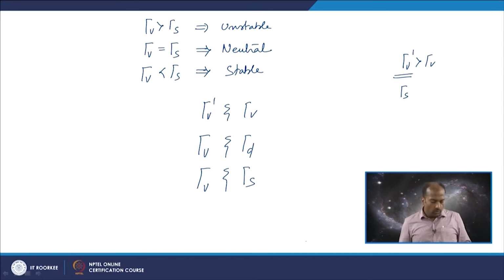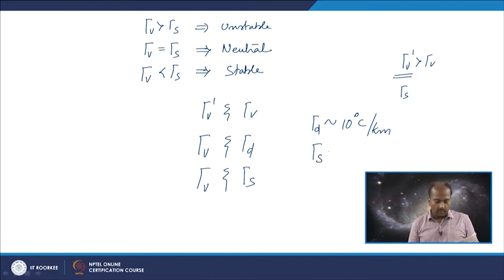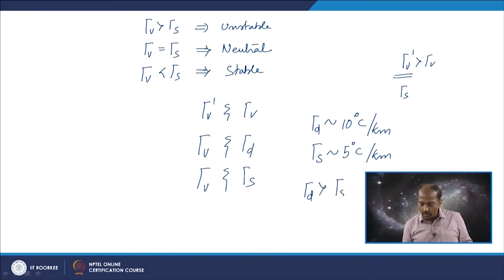Now, we know that gamma D is approximately equal to 10 degrees Celsius per kilometer, and gamma S, the saturated adiabatic, is approximately equal to 5 degrees Celsius per kilometer. That means that gamma D is of course greater than gamma S, right.